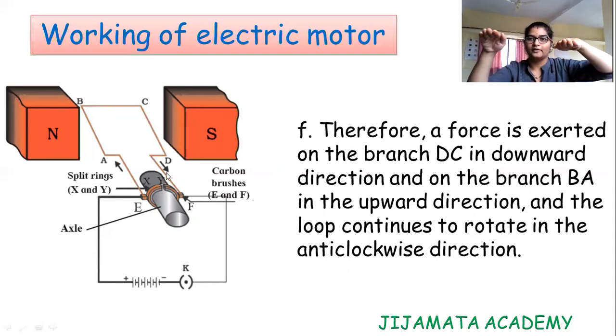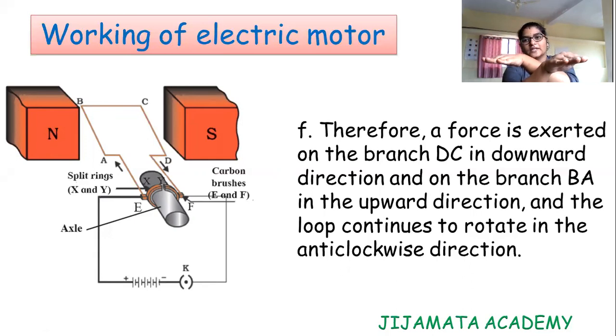AB was here and CD was here, but now due to half rotation they have changed their places. CD is here at the place of AB and AB is at the place of CD. So CD will feel the same force as AB and be pulled in downward direction, while AB will feel the same force as CD, as it is at the place of CD, in upward direction. And because of this, it will start to rotate in anti-clockwise direction. It will continue to rotate in anti-clockwise direction.